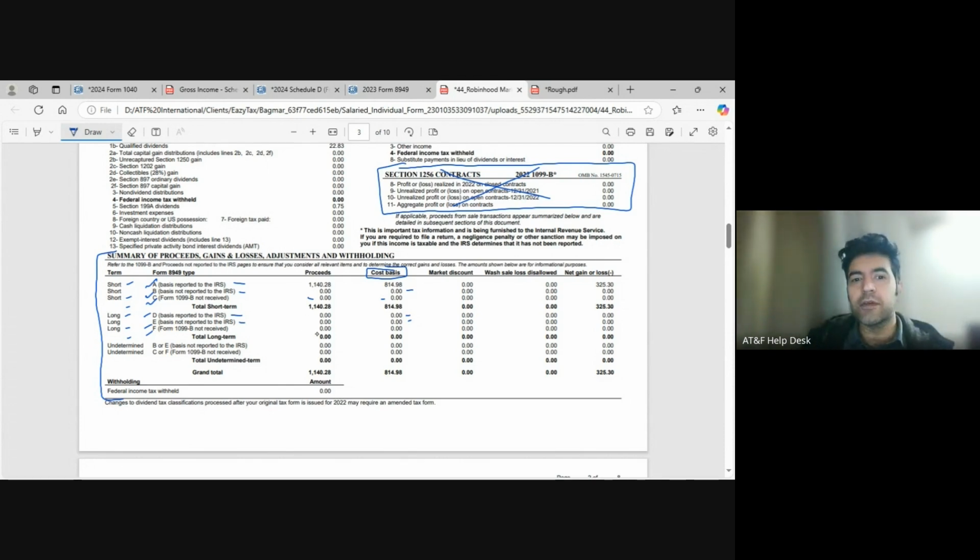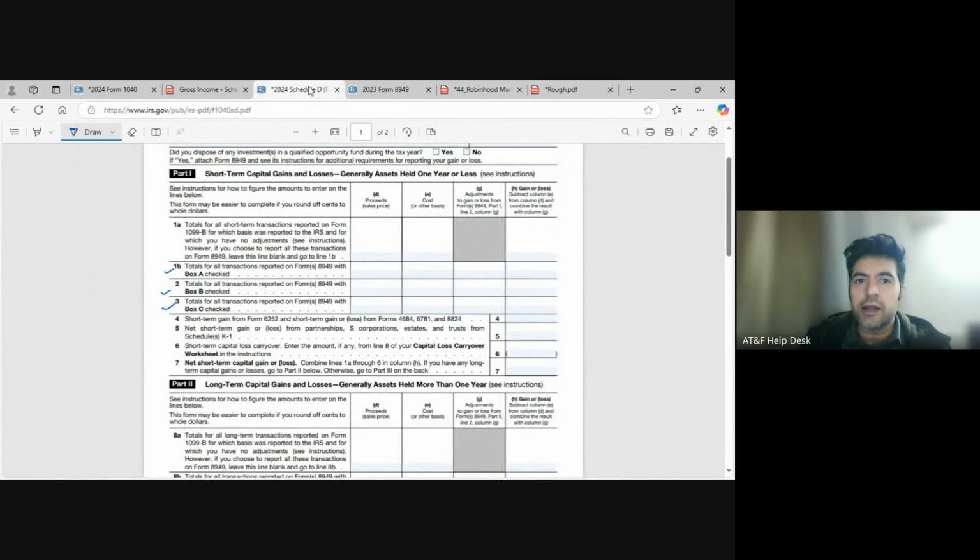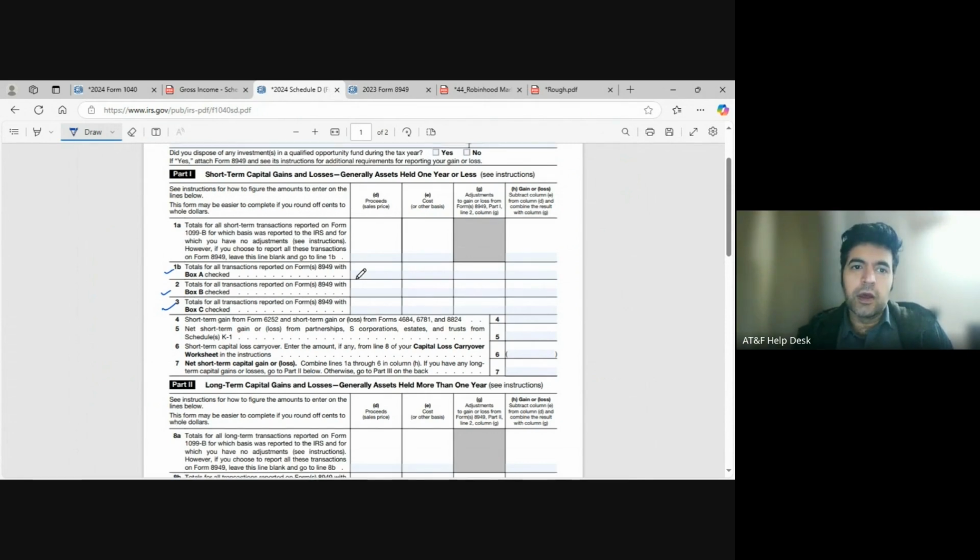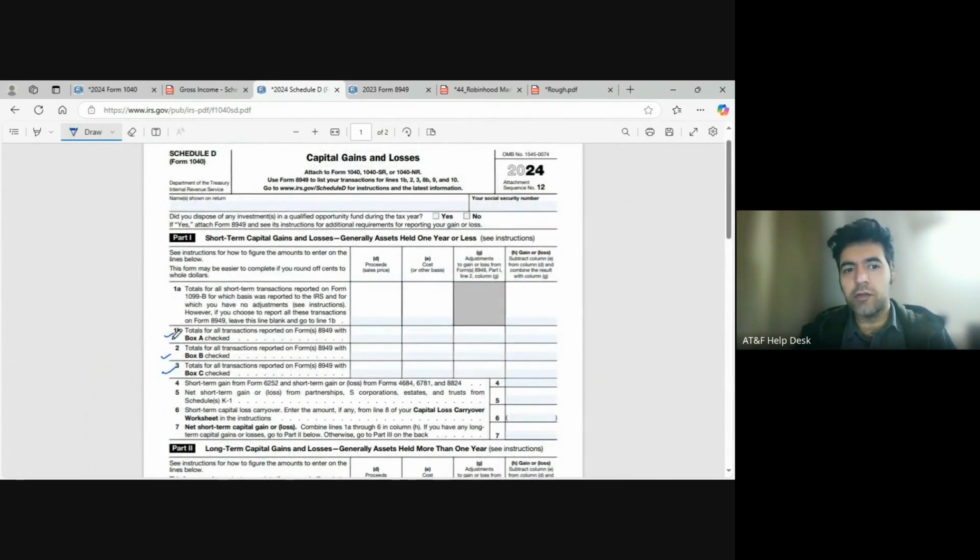So at that time, it will be reported here, right? So this is one thing that you can straight away enter the values here. Now we'll go deep into it, like how or what figures will be added, right? But this is how 1B, 2 or 3 will be filled.